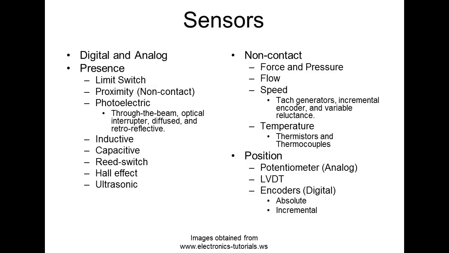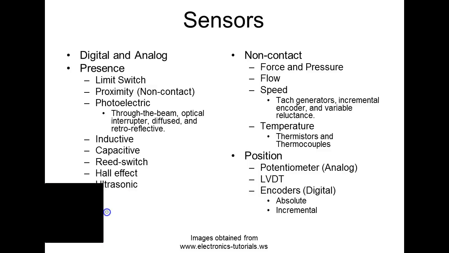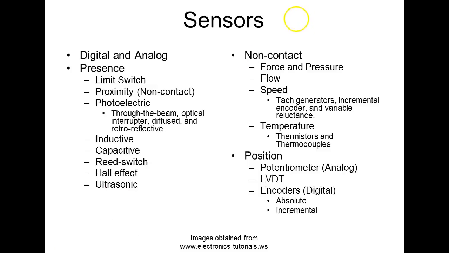If we take an analog signal and convert it into digital, we talked about this the other day, we go through a device called an analog to digital converter, an ADC.